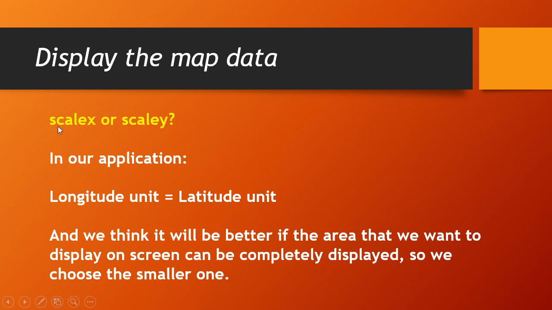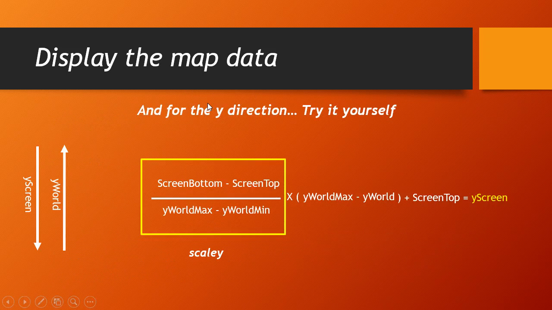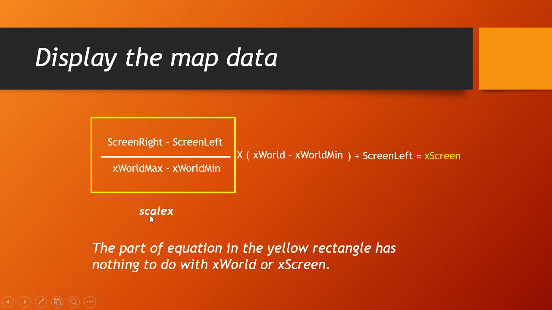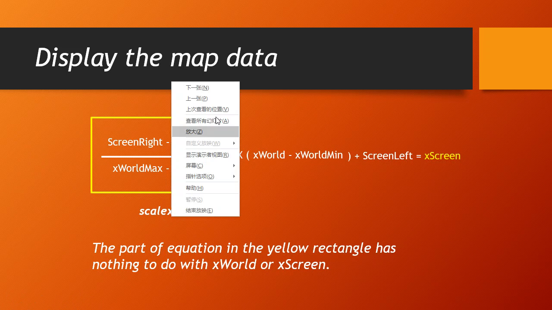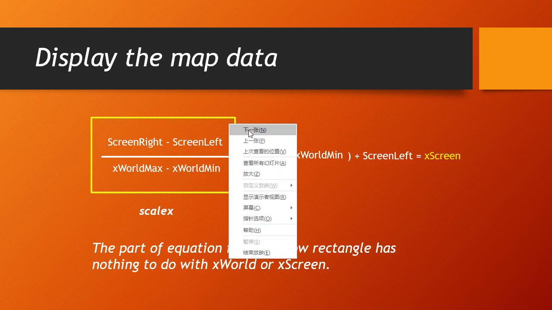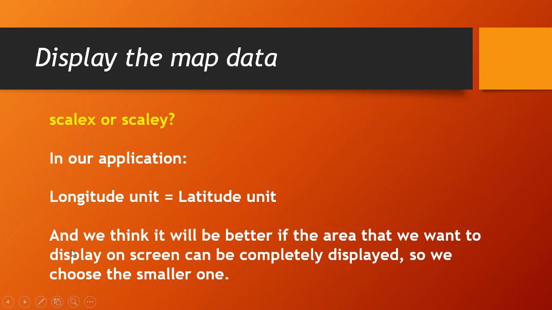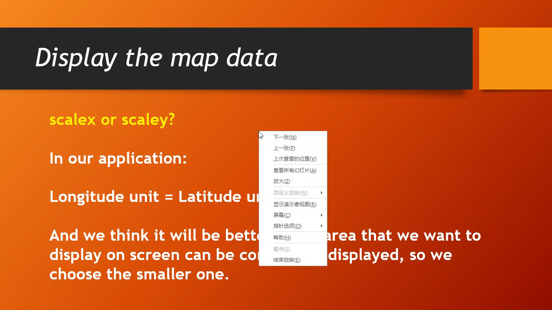So we have to choose one value from skew x and skew y. So which value will we choose? Because we think it will be better if the area that we want to display on the screen can be completely displayed, so we choose the smaller one.